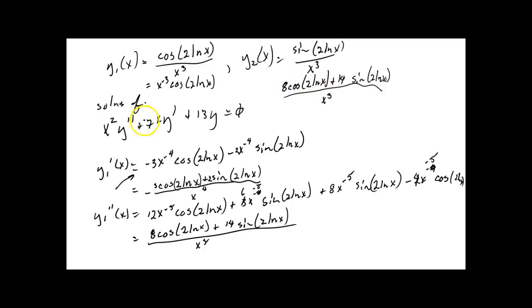Okay. Plus 7x y prime. Well, your y prime was x to the minus 4. The x is going to make that, so this is going to be, I'm going to go back and make them minuses again.